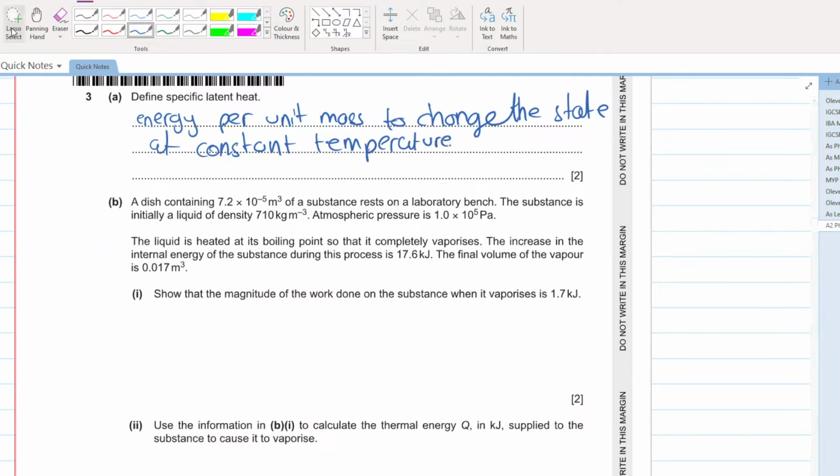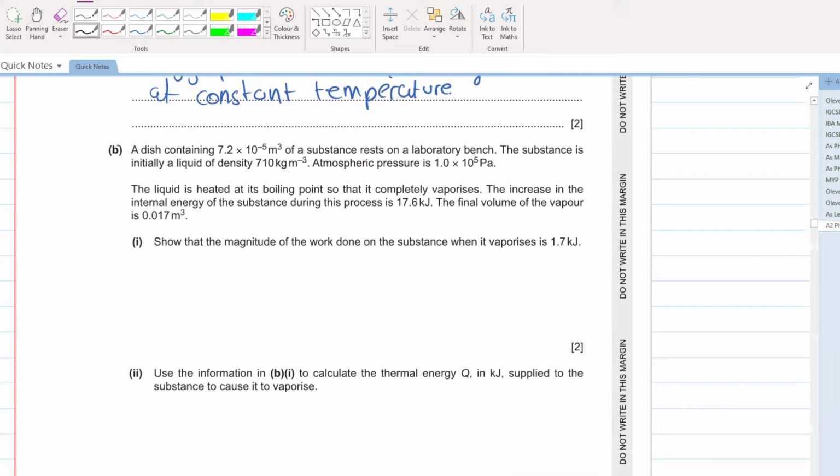Let me give you guys a little class work. Try this question out. Very easy. Literally one of the easiest questions. Try part B. Very, very easy. Literally there cannot be an easier question than this. You have to show the magnitude of work done on the vapor as it vaporizes.